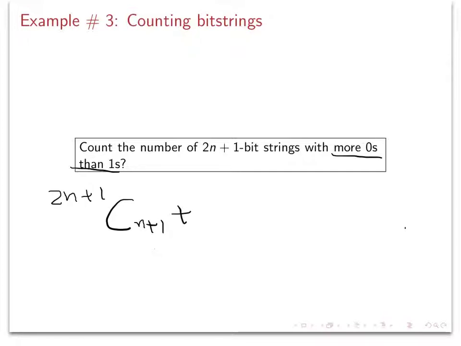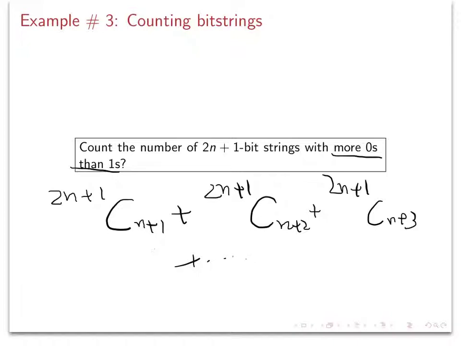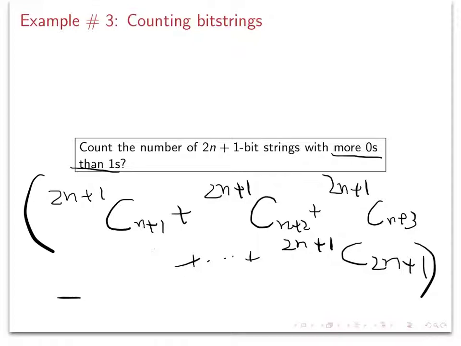I can have n plus 2 zeros, so it's (2n plus 1) choose (n plus 2), then (2n plus 1) choose (n plus 3), and this is a summation all the way up to (2n plus 1) choose (2n plus 1), which says all of them are zeros. So this is the answer. It's a summation, and in the next lecture we'll convince ourselves that the answer to this summation is 2 to the 2n.